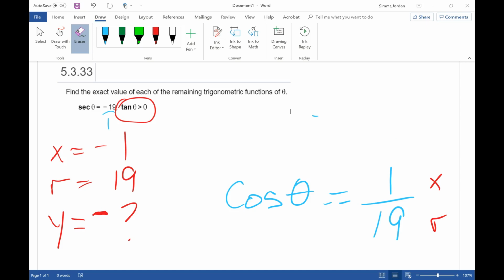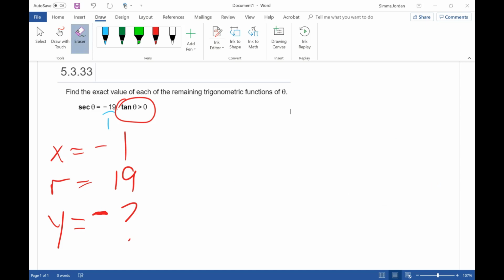And probably the quickest way to do it, we could use trig identities. That's probably a little beyond right now. So let's just use the good old distance formula, where r equals the square root of x squared plus y squared. All right? Now what I can do is basically square both sides here. When I do that, I get rid of the square root. And now we can rearrange to get y by itself.